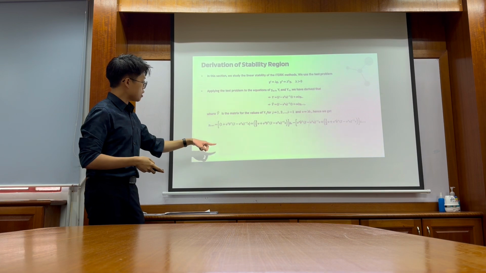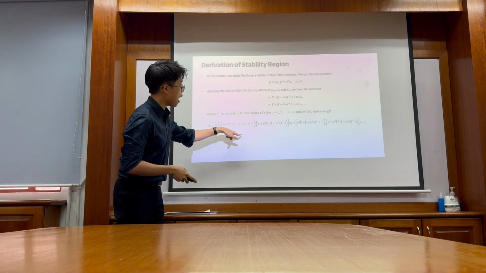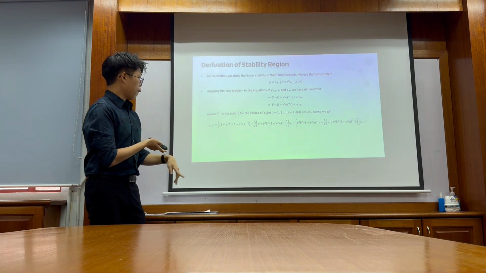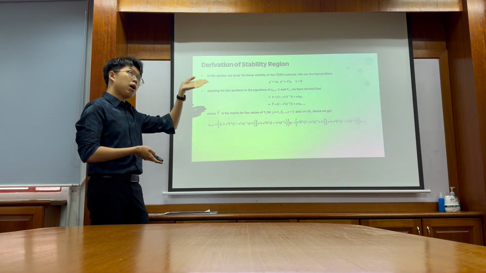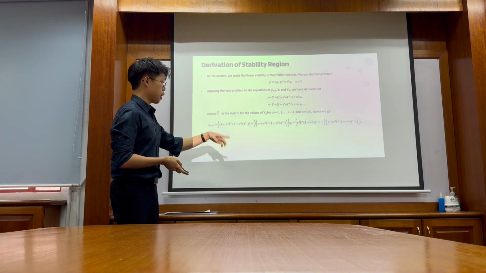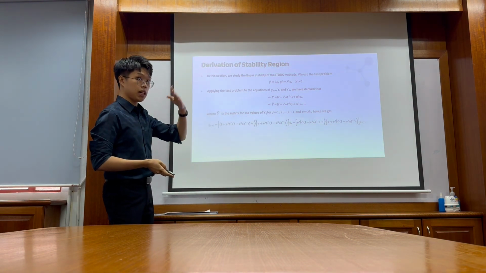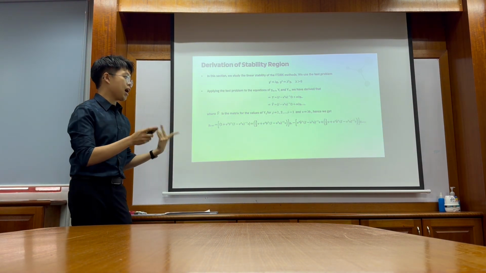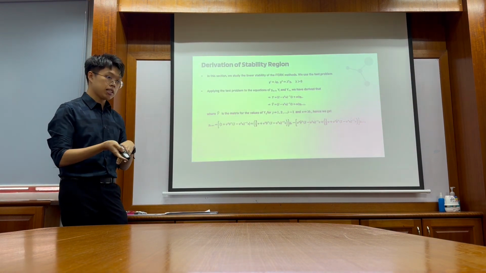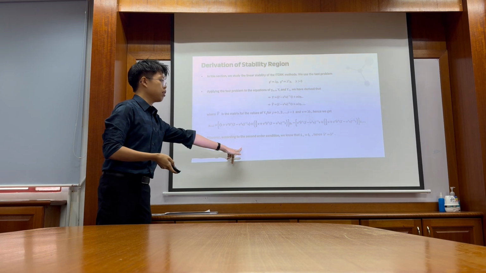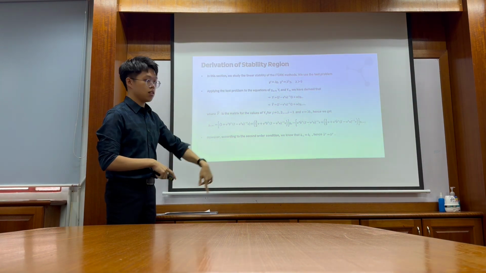From here we can see that there's b transpose and b transpose hat. b is a matrix for b1 to bs, depending on the stage, and b hat is for b negative 1 to b negative s. As I said just now, bi and b negative i are the same except for b1 and b negative 1. But if you look at the second order condition, it gives us that b negative 1 is the same as b1.